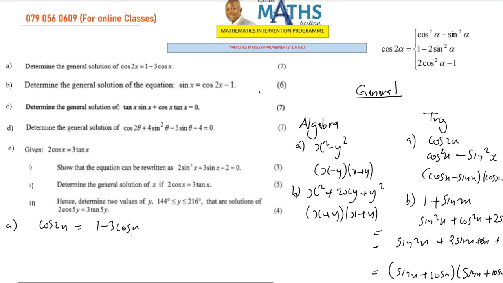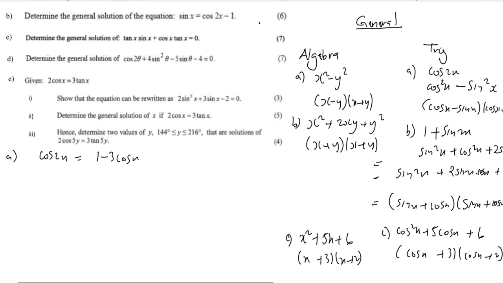So instead of cos 2x, I'm choosing 2 cos squared x minus 1 equal to 1 minus 3 cos x, because I've noticed that everything is in terms of cos. Remember, once you see squared, you must be aware that you'll find yourself factorizing, because that's what I've been trying to tell you: algebra works hand in hand with trigonometry.